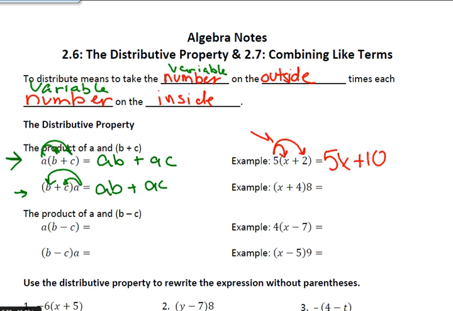I use my arrows here to remind myself to multiply each thing by 5 so that I don't forget. And remember, it means the same thing on the back. So I'm going to take the 8 in this example times each thing on the inside. So 8 times x is 8x. And 8 times 4 is positive 32.